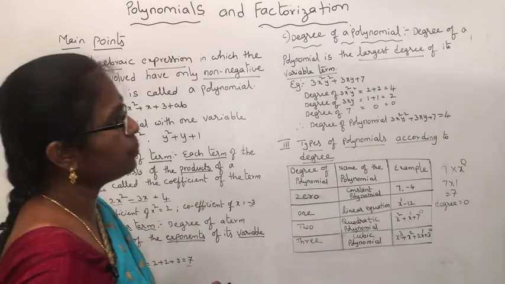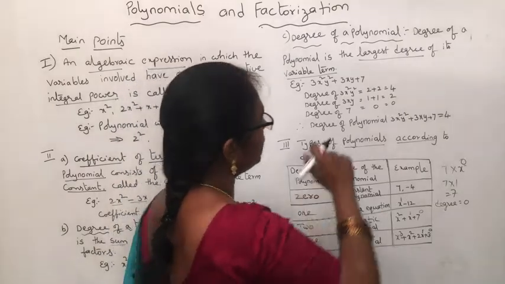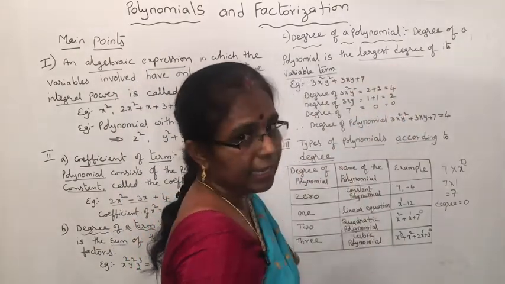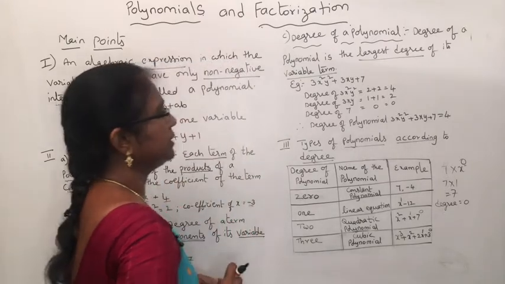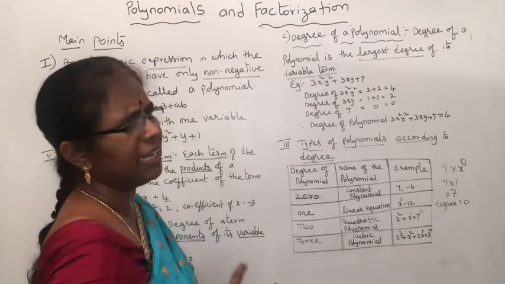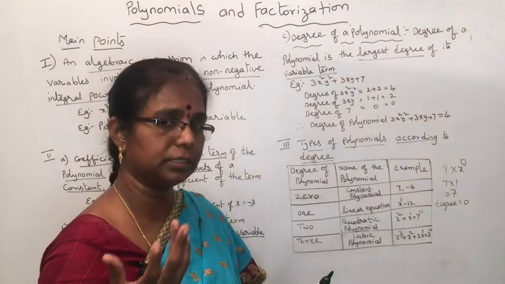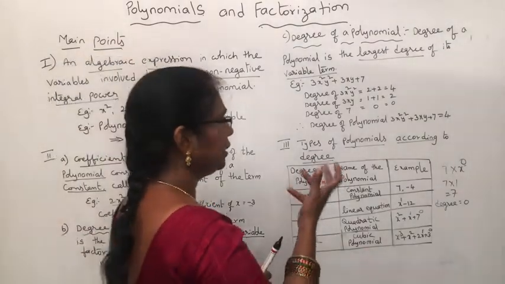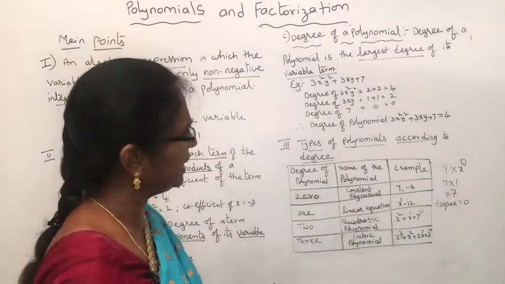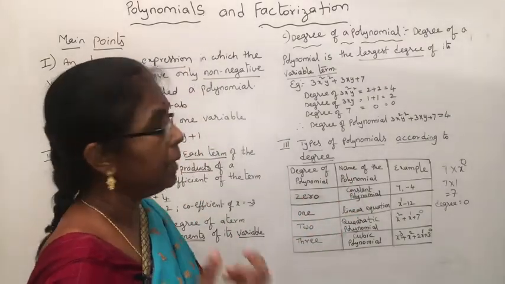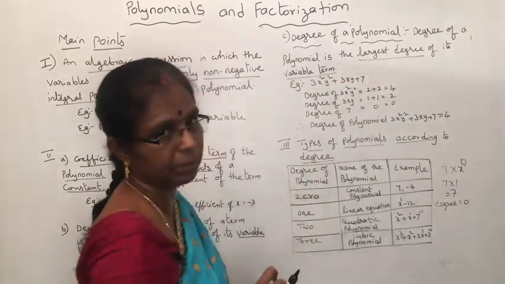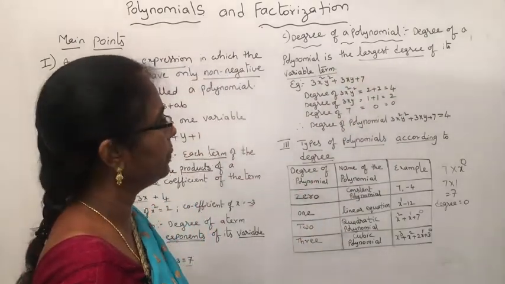Next, degree of polynomial. Degree of polynomial is the largest degree of its variable terms. A polynomial may have 2 or 3 or 4 or any number of terms, but we have to take the largest degree of the variable terms, and that is called the degree of the polynomial.